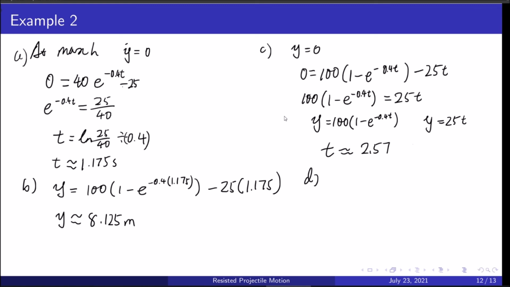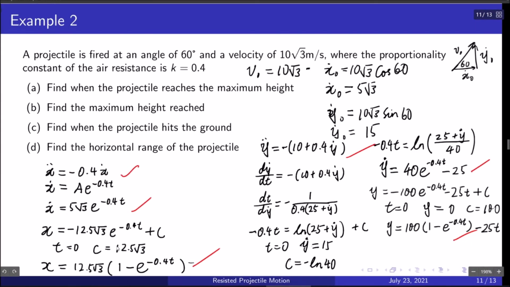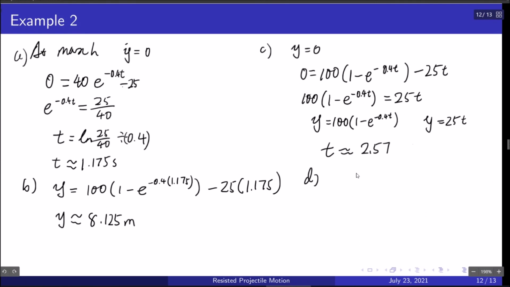Now, to find the maximum range, that's the distance flown in 2.57 seconds, isn't it? So we have our horizontal displacement, so we just have to plug this time into it. So we have x equals 12.5 root 3 times (1 - e^(-0.4 times 2.57)).